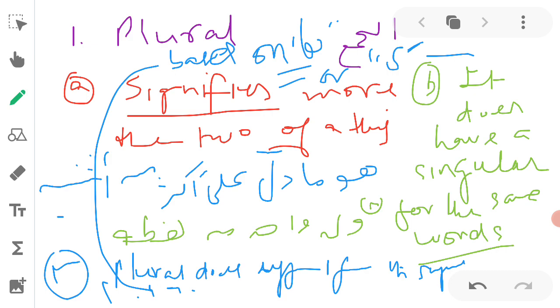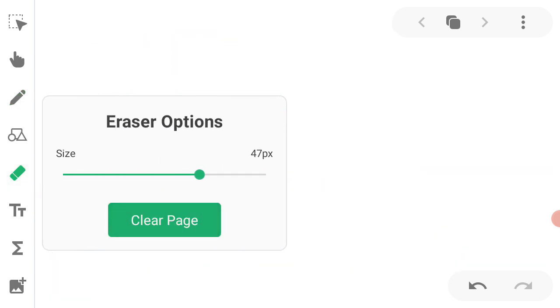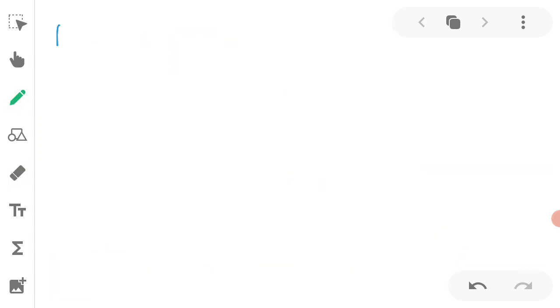So there are three conditions which, if it satisfies, then it is a normal plural in Arabic language. Let's go through them again. So the first is that one it shares with the other two. It must signify more than two things.